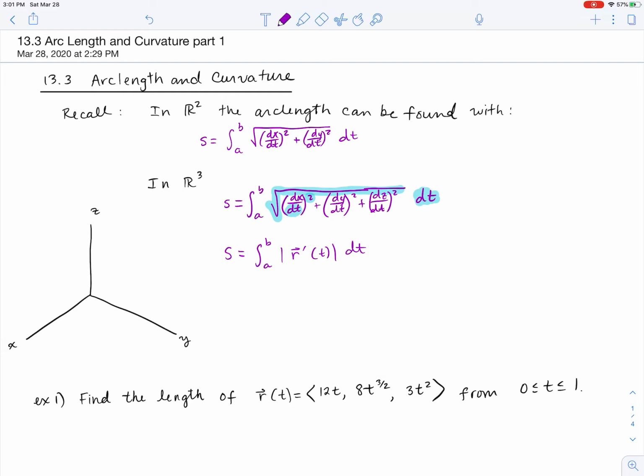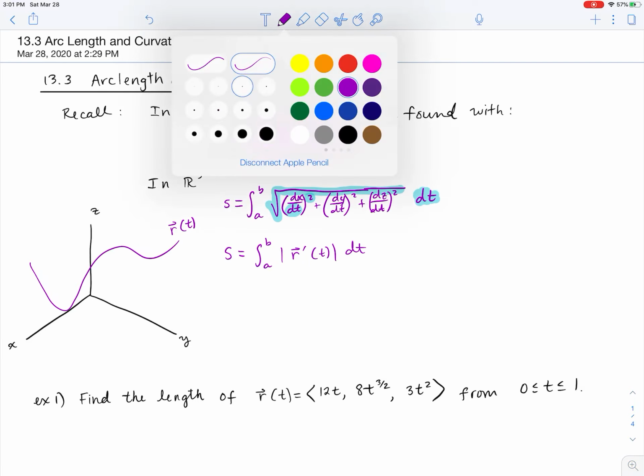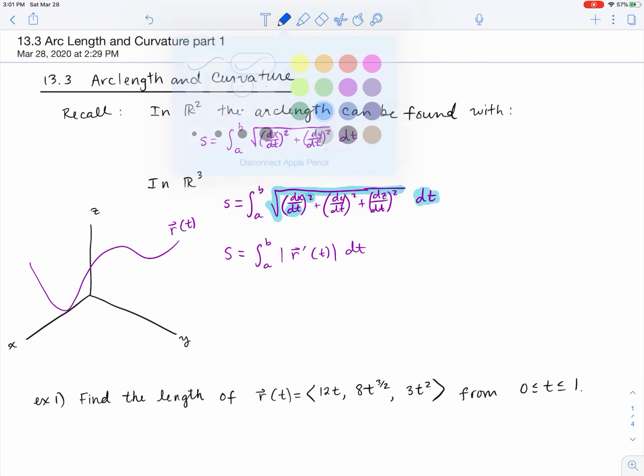So if we have some curve, let's say this is r of t, and this is t equals a, and we're going to do t equals b. What we're literally doing by taking the derivatives is taking these little tiny arc lengths.